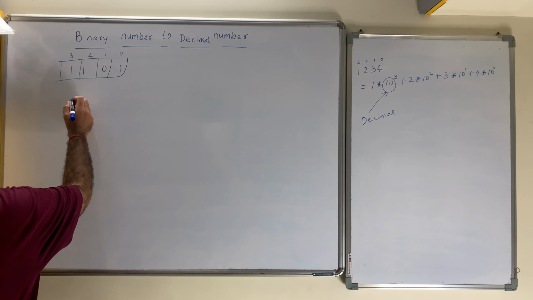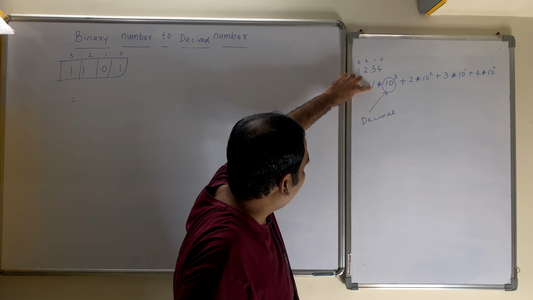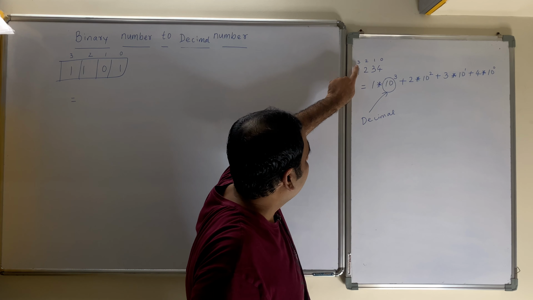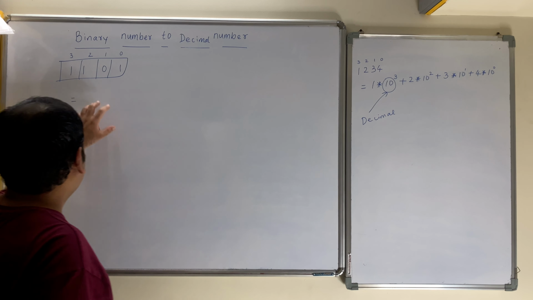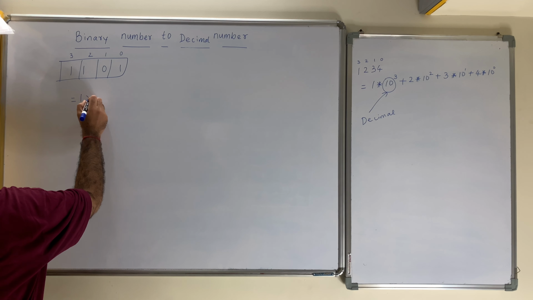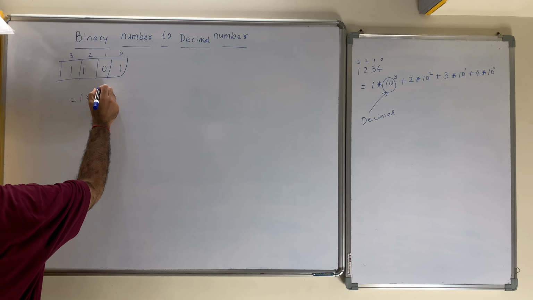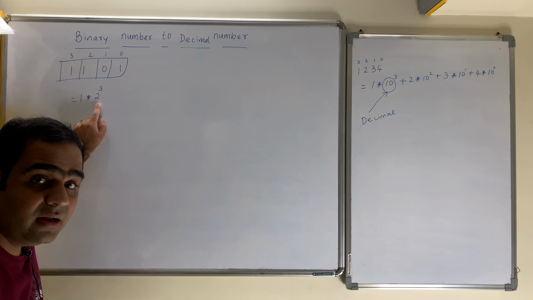Now how do we write this? What we have taken here is 1 into 10 to the power of the placeholder. Why 10 to the power? Because it is decimal. Now here the number is binary. Therefore I write 1 into 2 to the power 3. Why 2 to the power? Because binary is base 2.